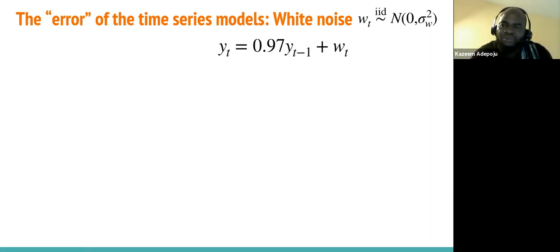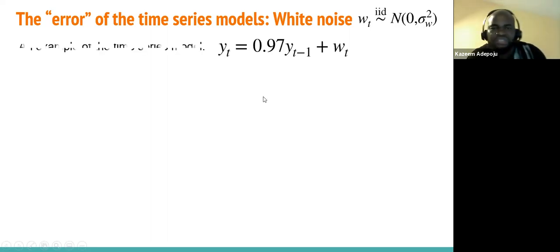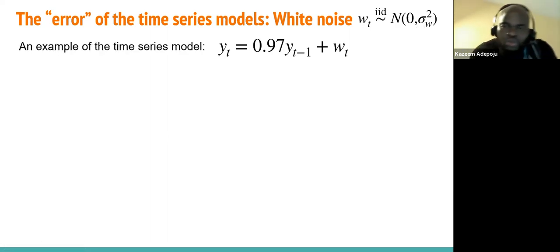But the question remains that we still need to investigate whether the mean is actually going to be zero, and we need to investigate that for the variance as well. So we want to have an example right now where rho is 0.97, and we are interested in modeling the relationship between the current value and the immediate past.